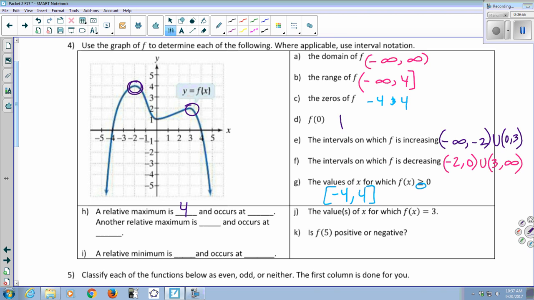So it's got a maximum of 4 that occurs at -2. And then my other one right here, it's got a maximum of 2 that occurs at 3. And then my relative minimum is right here, and it has a value of 1, and it occurs at x equals 0.